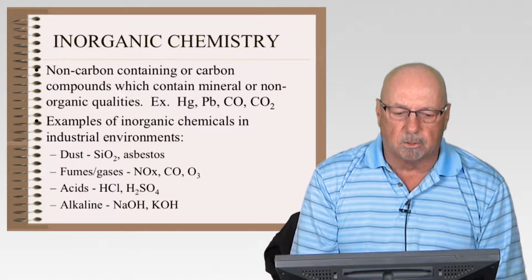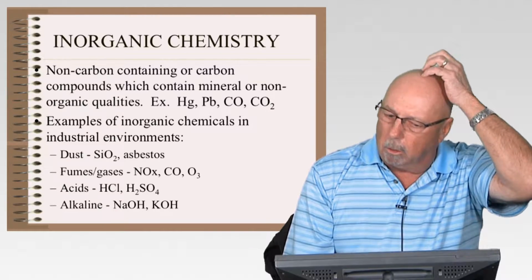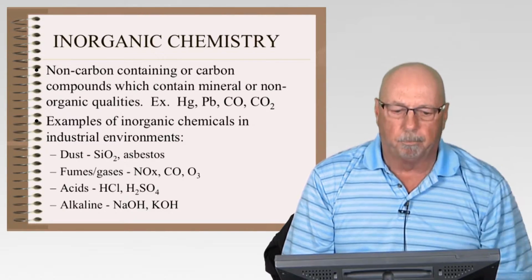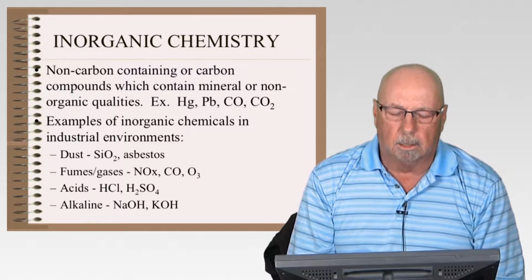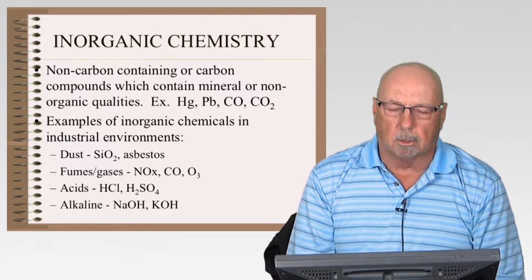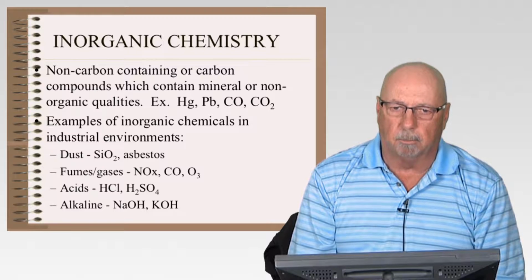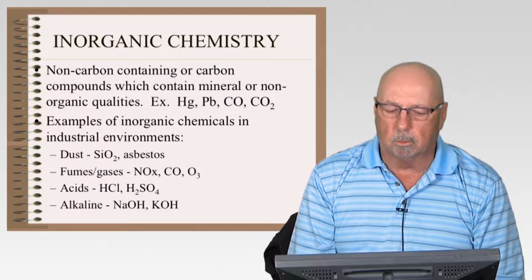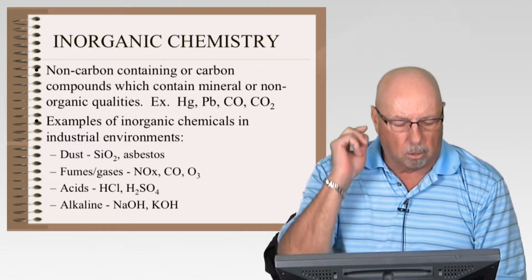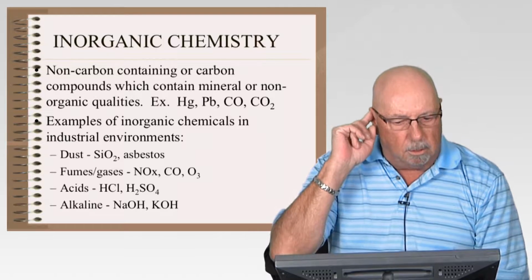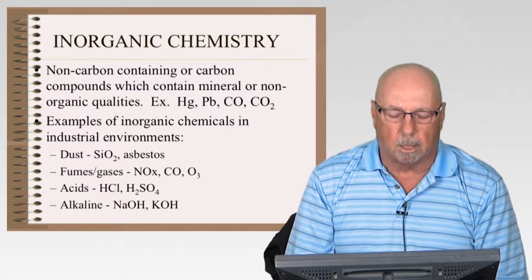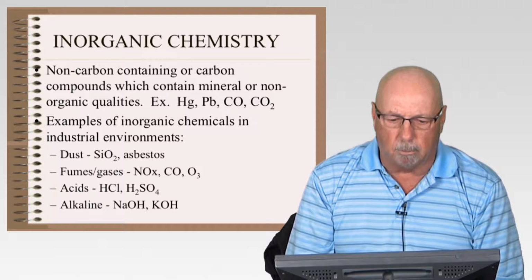Some examples of inorganic compounds that we find in our industrial hygiene work are particulates or dust, such as silica, which is SiO2, that's crystalline silica, or asbestos, which is a fairly complex molecule of a variety of minerals.